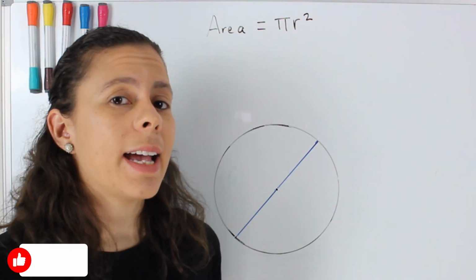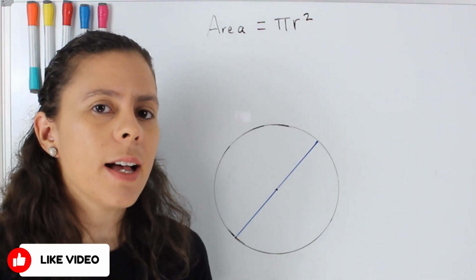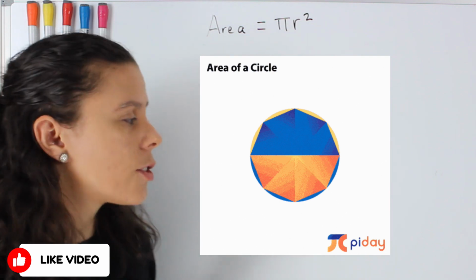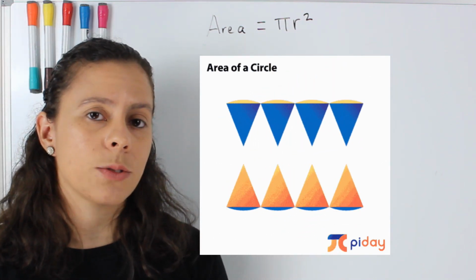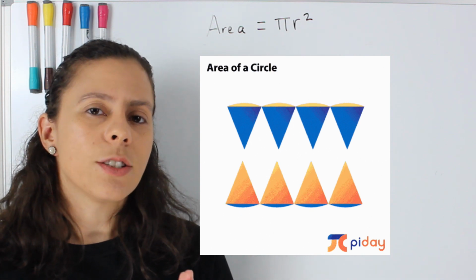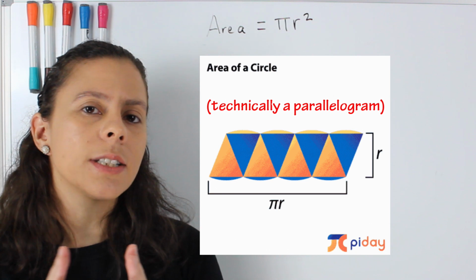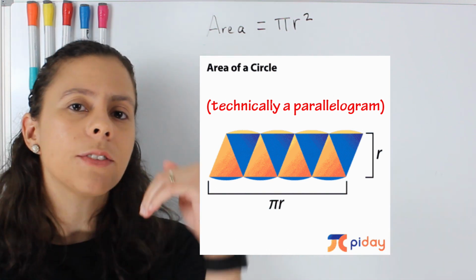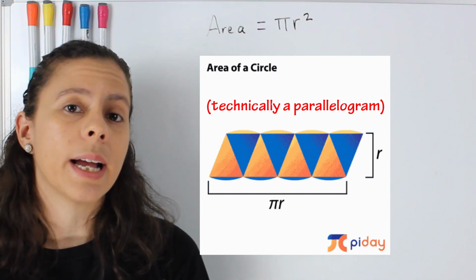Now, the reason why the area of the circle is pi r squared is because if I were to cut this circle into a bunch of pizza slices, and I were to align those slices right next to each other, and try to make a rectangle with it, I would have to have only half of the slices at the bottom and half of the slices at the top. So that would make it similar to a rectangle.